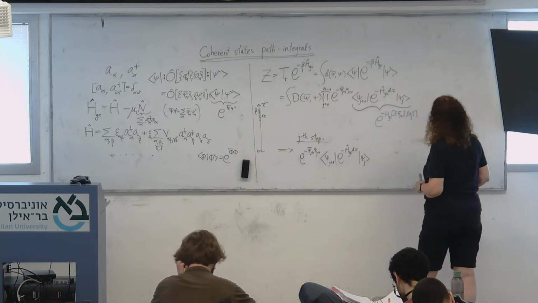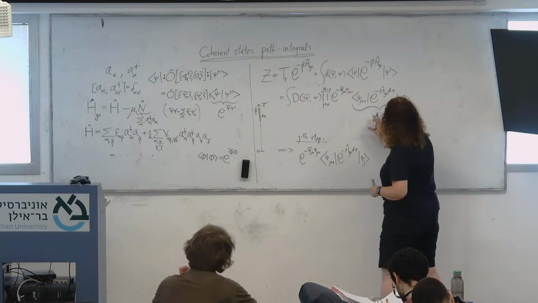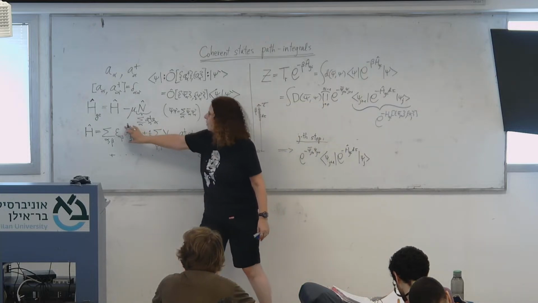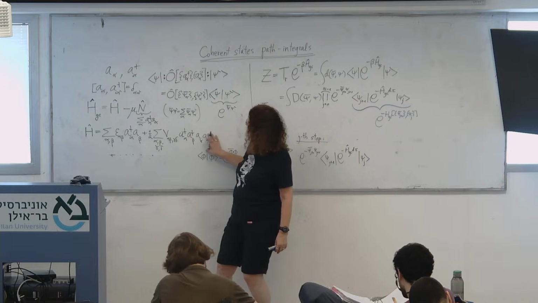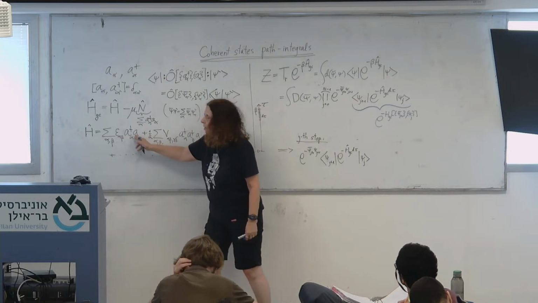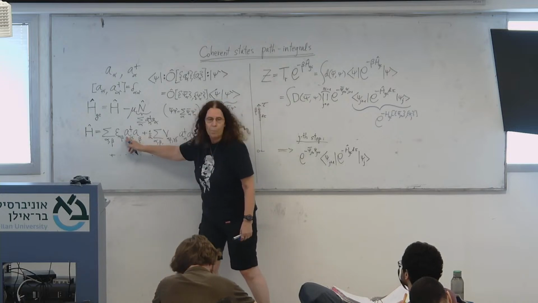So it's whatever you get when you take this Hamiltonian and write an expression where every A is replaced by psi j and every A dagger by psi j plus 1 bar.